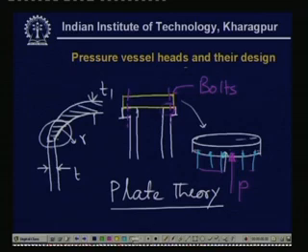There may be situations when this is integrally connected, then of course, we will have different boundary conditions. Remember, when we talk of the displacement or the stresses within a plate, we have to also consider the boundary conditions. If this is bolted, then it will have different boundary conditions. If it is welded, then it will have different boundary conditions.